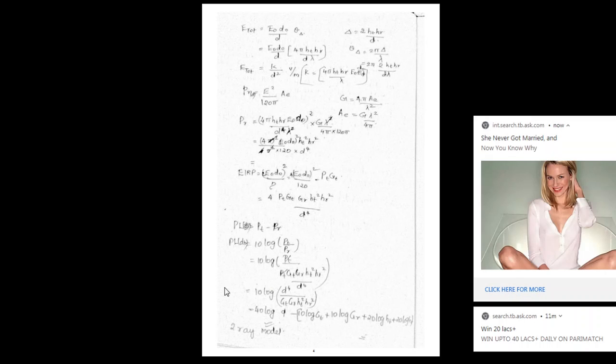Okay, the 4 is cancelled in this equation. And finally we will be getting 40 log D minus 10 log GT GR plus 20 log HT plus 20 log HR. So this is the path loss in the two-ray model. Path loss is specified in dB.